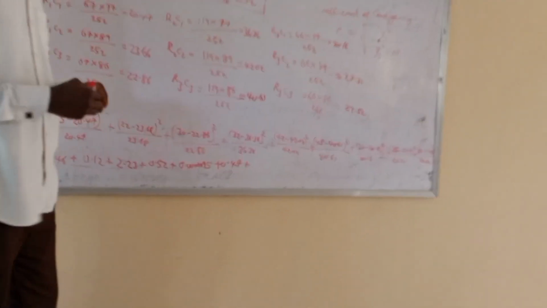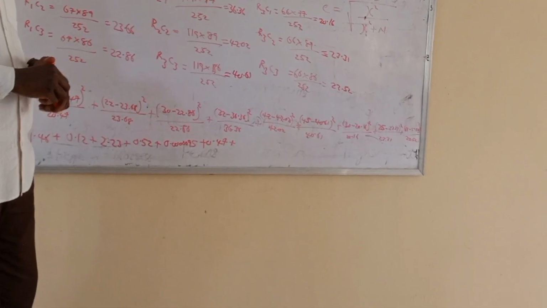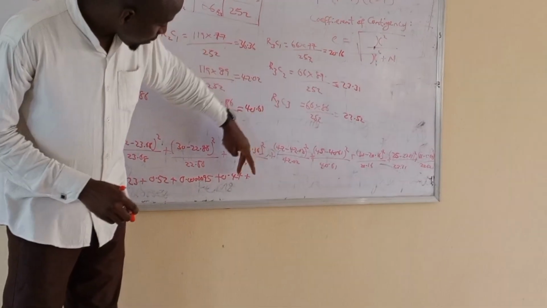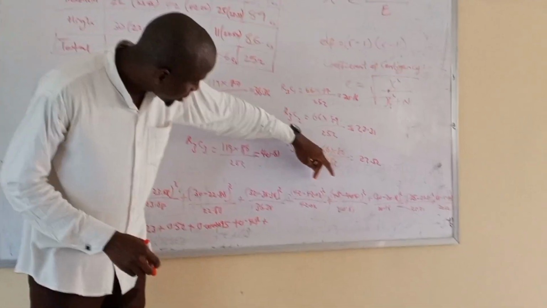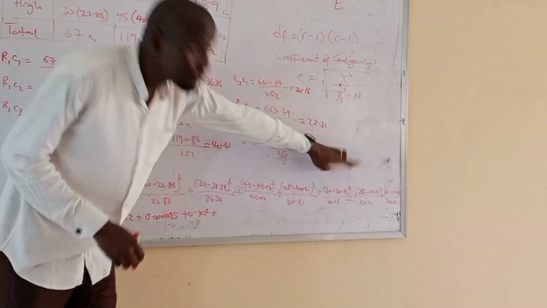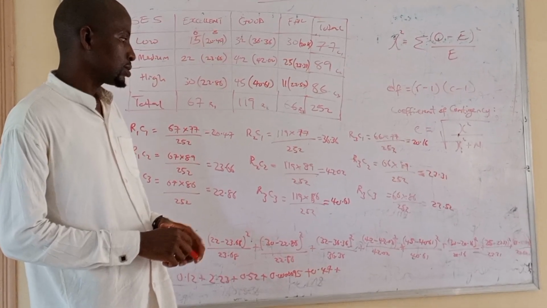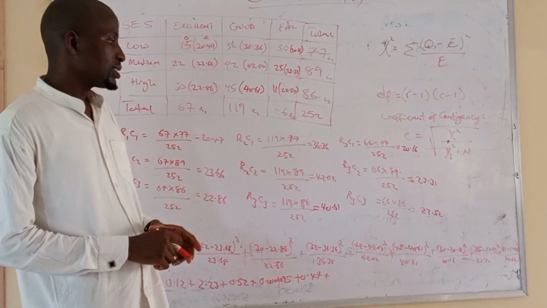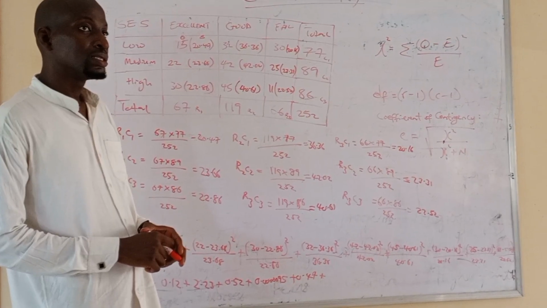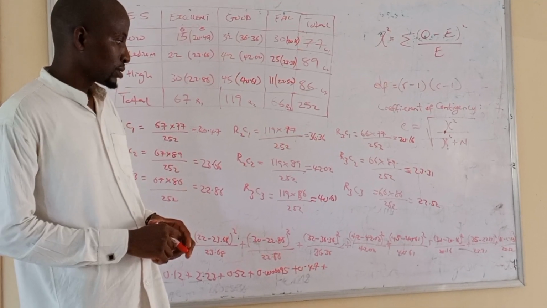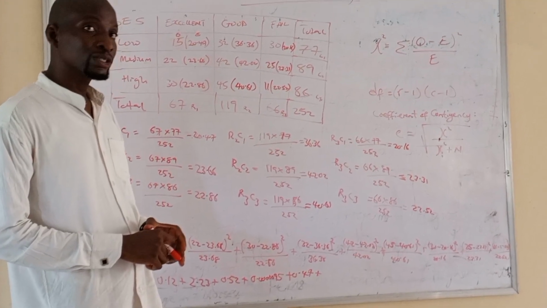Okay, it will give us 0.16, so it has approximated. Alright. So here now you have the next one, which is 30 minus 20.16. 0.16. Then you square it. Divided by 20.16.